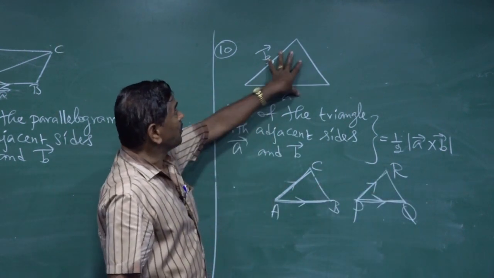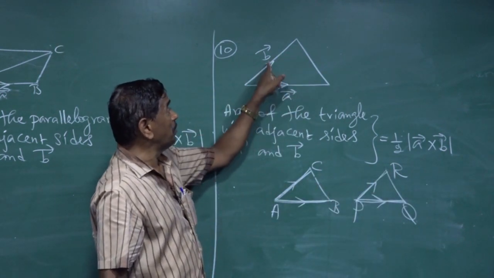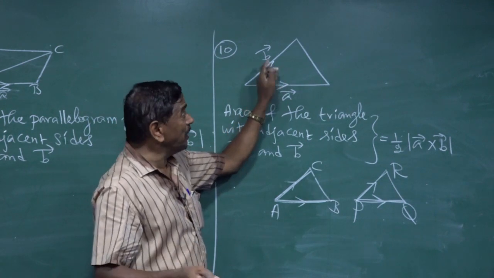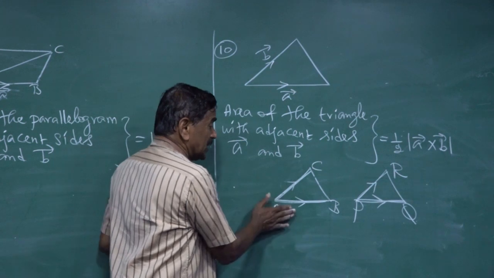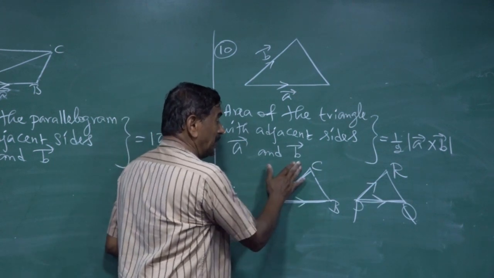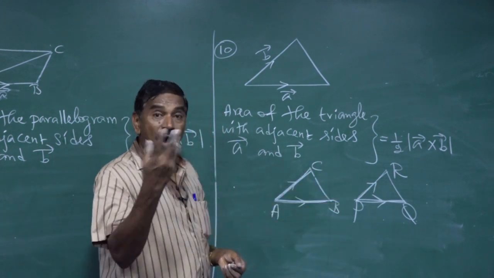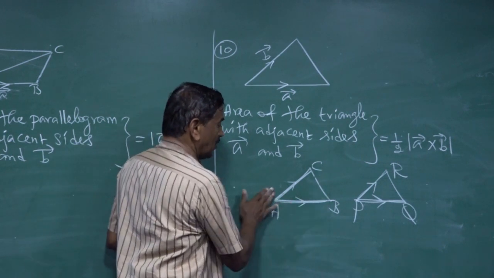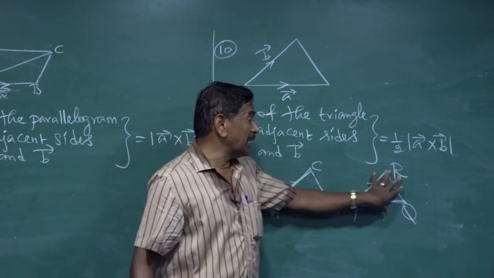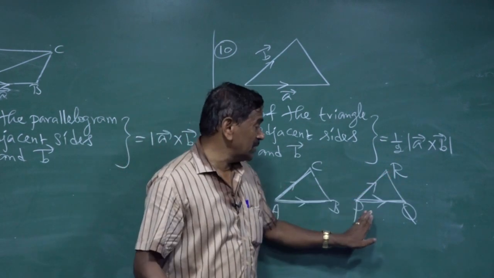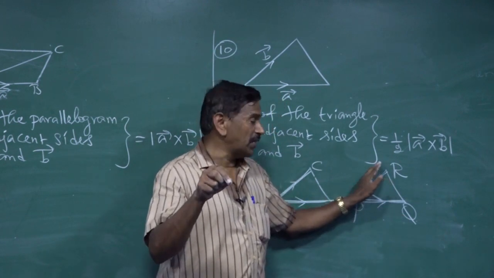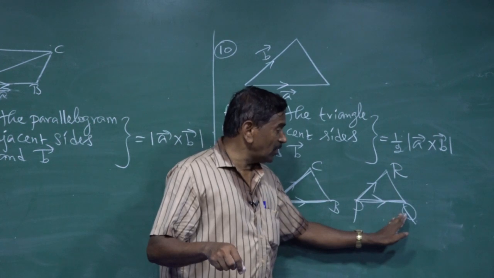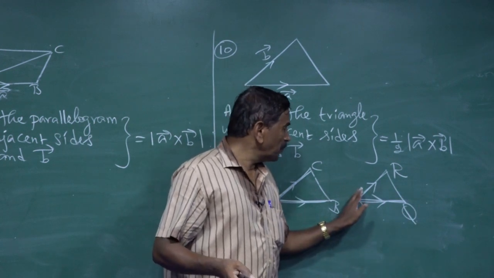Here, area of the triangle with adjacent sides A vector and B vector is equal to half into A vector cross B vector. Area of the triangle with adjacent sides AB vector and AC vector is equal to half into AB vector cross AC vector. Area of the triangle PQR with adjacent sides PQ vector and PR vector is equal to half into PQ vector cross PR vector.